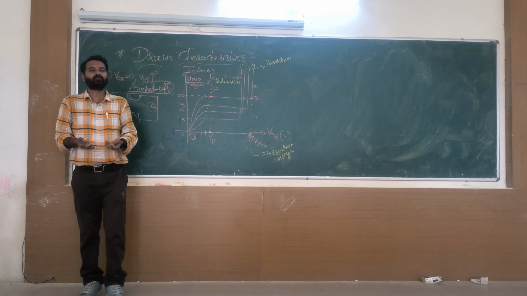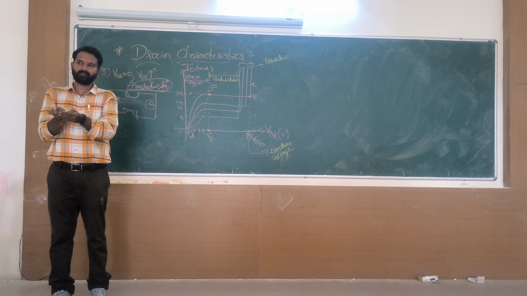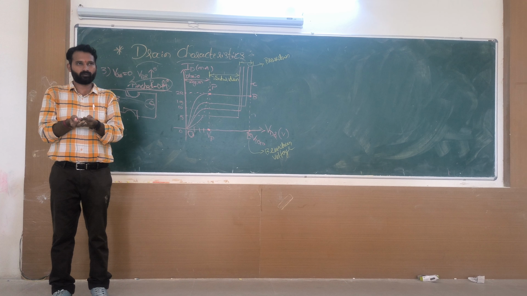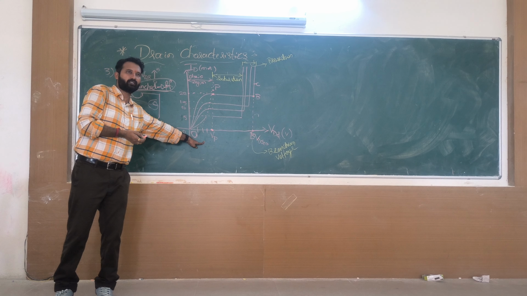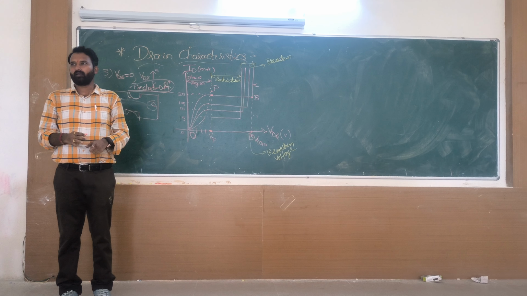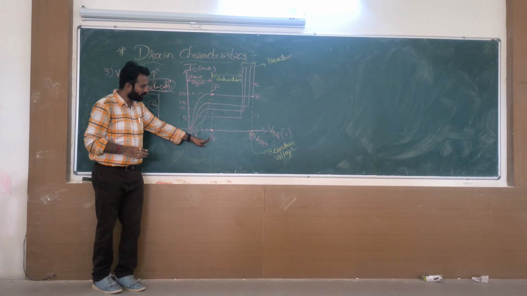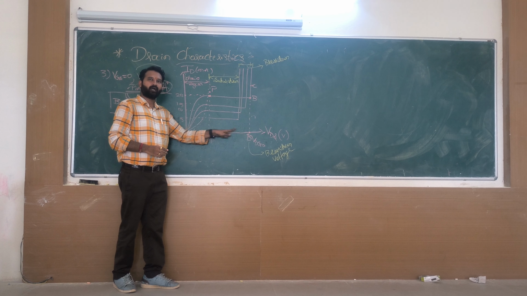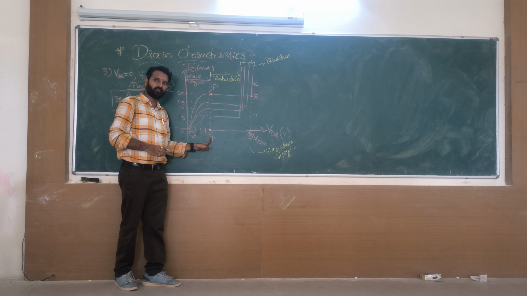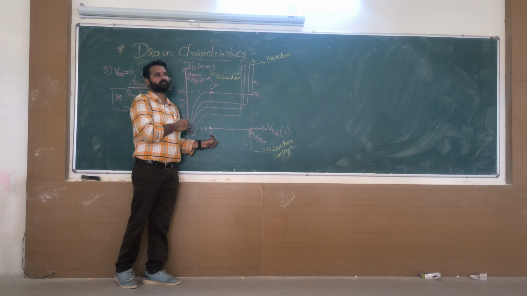We don't know; practically it may be anything. At that voltage your area will become less and your channel is going to pinch off. That's why it is called the pinch off voltage. VP is the value of VDS at which the channel pinches off.